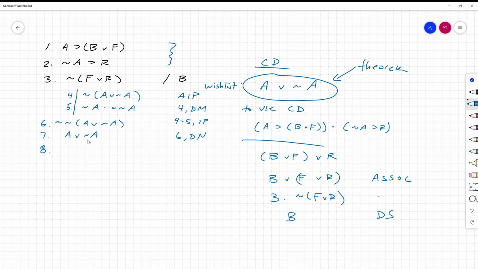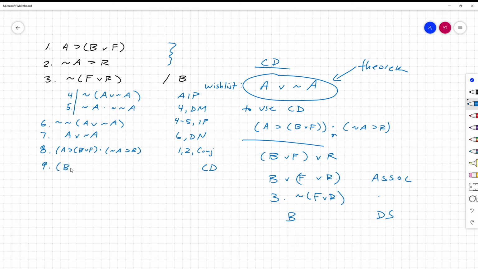And then, why did I want this disjunction? It was to use CD, which means that we have to derive the conjunction of lines 1 and 2, B or F, and not A, then R. This is going to be 1 and 2 conj. Now we have the pattern for CD.